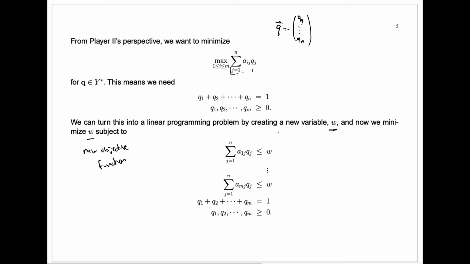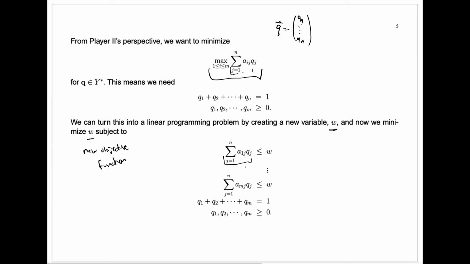And how do we minimize this quantity here? And why is that the same as minimizing the w? Well, we're going to put these constraints on w. W will have to be greater than or equal to the sum from j equals 1 to n of a1j qj. This is exactly that expected return if player 1 plays row 1.